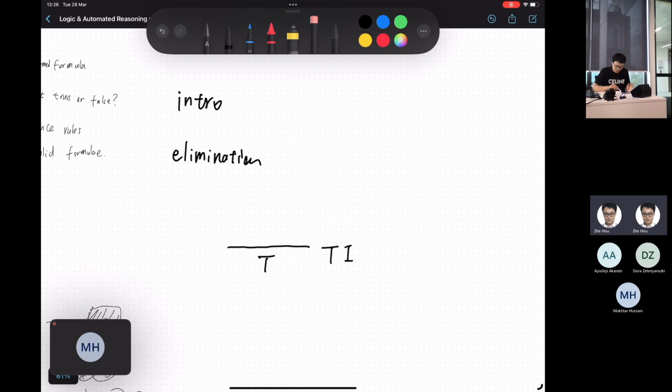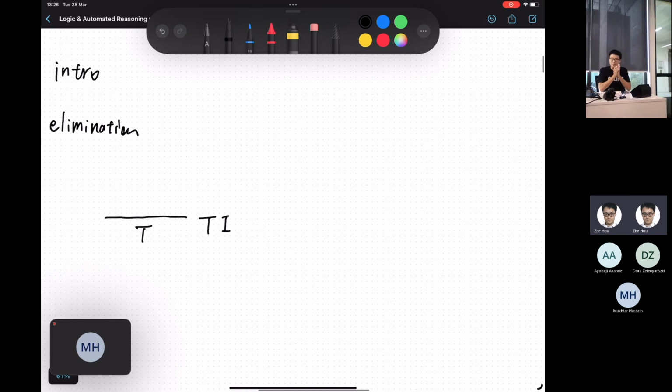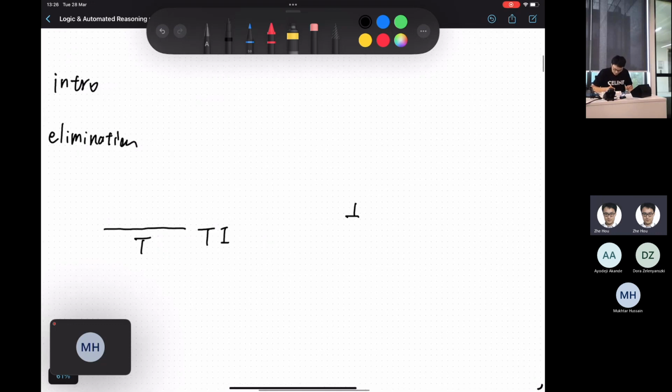So that's everything we need to know about truth. All right. And the scenario for falsity is the exact opposite. So if we have falsity, I write an upside down T for those who are here today for the first time.